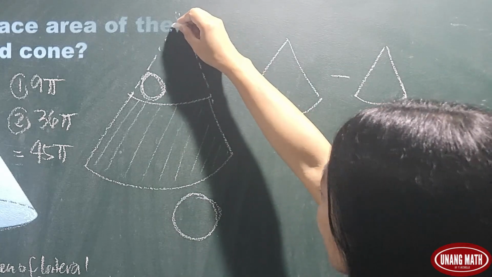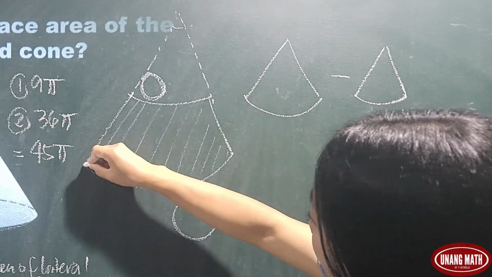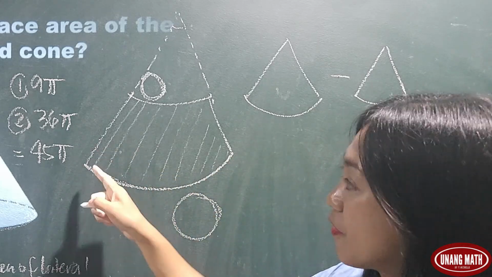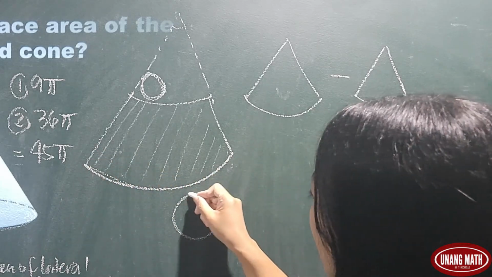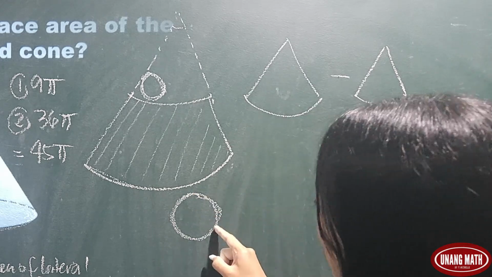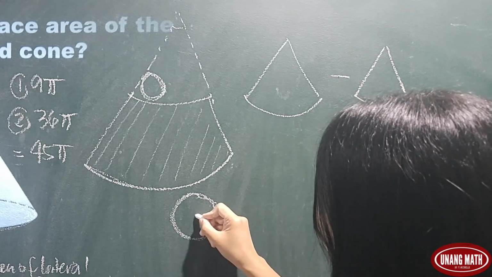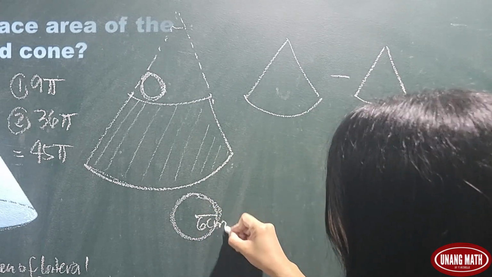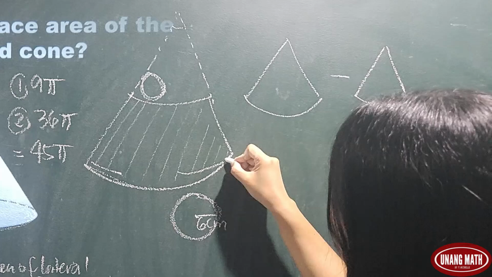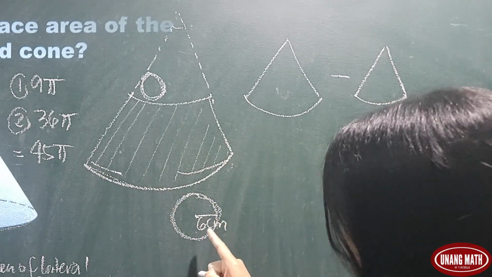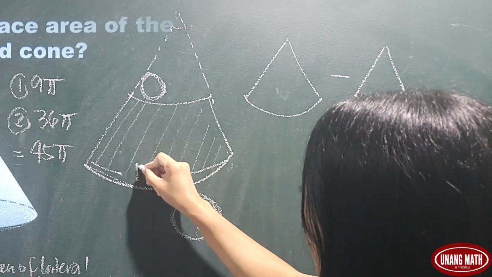Since the central angle is not given, what is given is the length of the arc, because we can find the length of this arc, and this is equal to the circumference of this circle. Since the radius is 6 centimeters, what will be the length of this arc? It's going to be 2 times pi times 6, so this is equal to 12 pi.